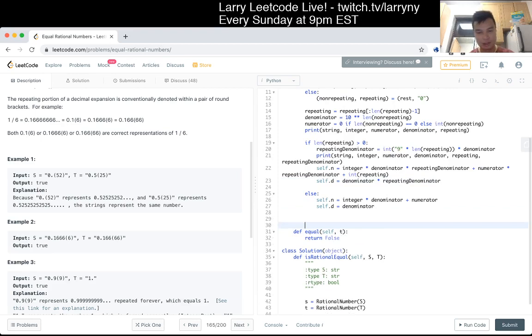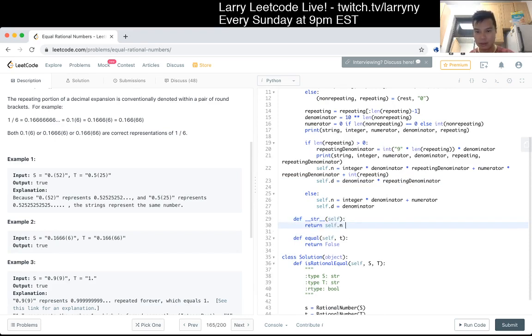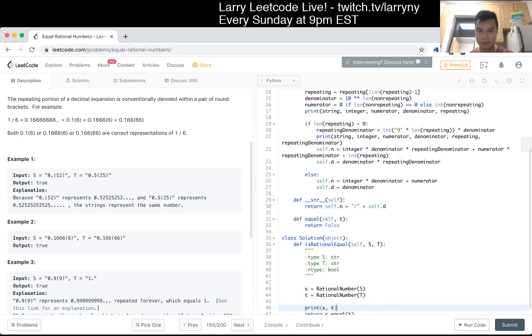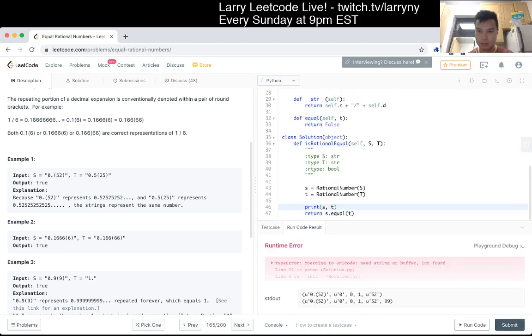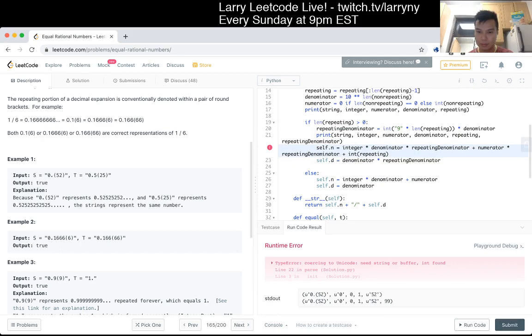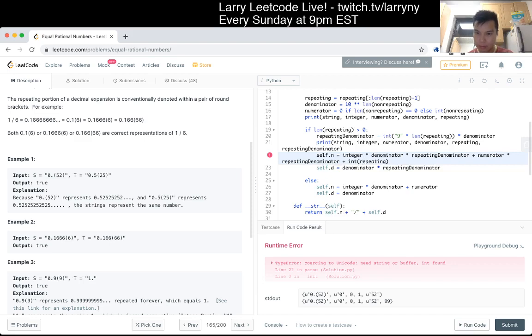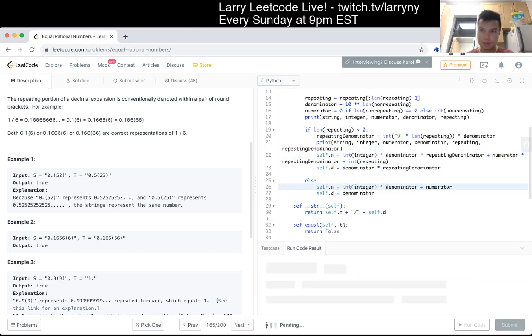And then now let's print this out. String integer is not an integer, which maybe is ironic, but okay.